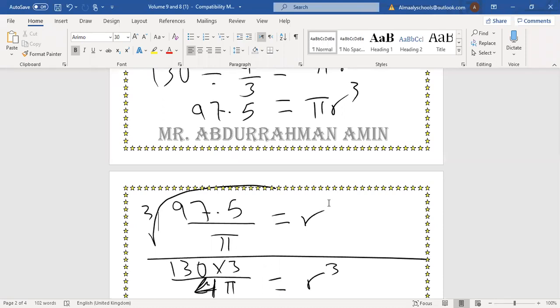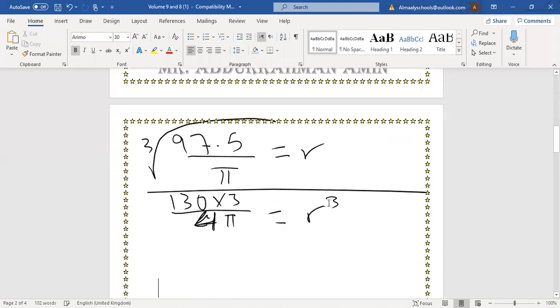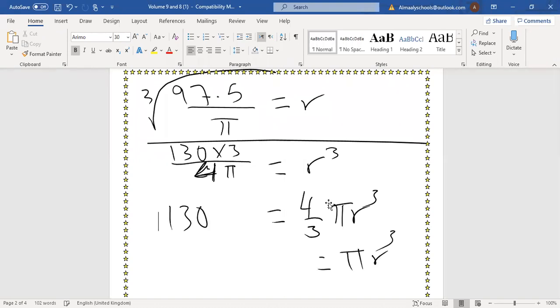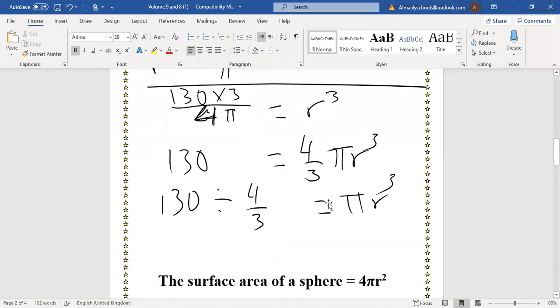Okay, one minute, I'll explain it. So it was 4 over 3 pi r cube equals 130. That's right? Yes. Now, the first step, pi r cube equals 130 divided by 4 over 3. That's right? Yes.